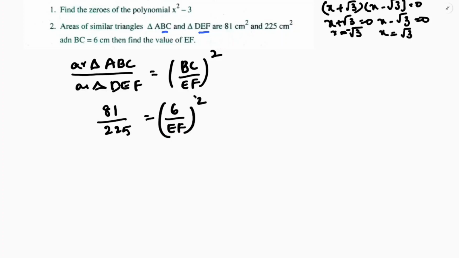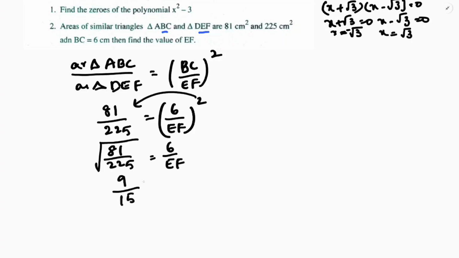Whole square, if we send the square to the other side, root 81 by 225 is 6 by EF. Root 81 is 9, root 225 is 15, so 9 by 15 is 6 by EF. If we cross multiply, 9 times EF equals 15 times 6.